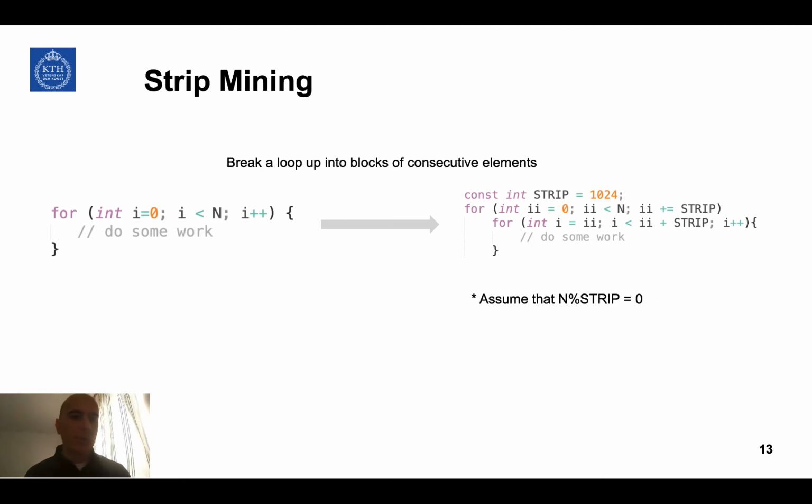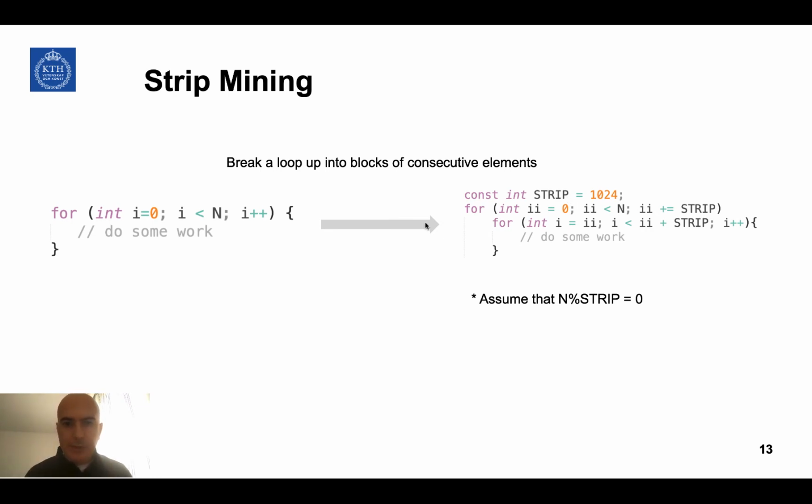So what is strip mining? Strip mining starts from a loop going from 0 to n, and it breaks the loop into two nested loops. Here we have a loop from 0 to n, and then we introduce a strip, which is basically a step.